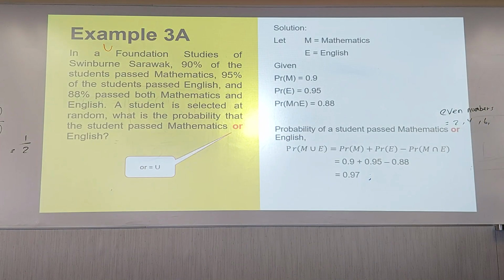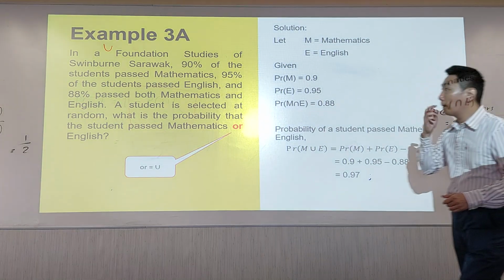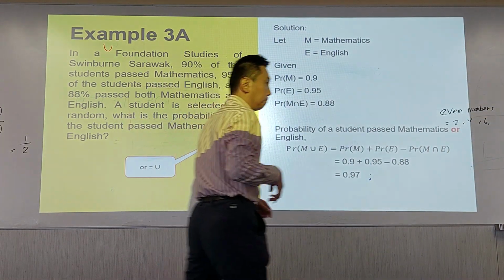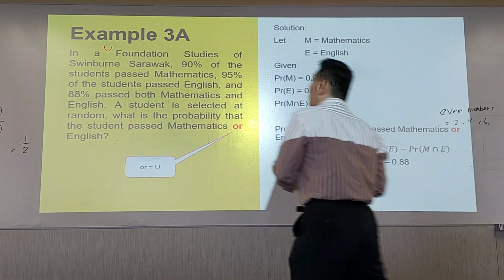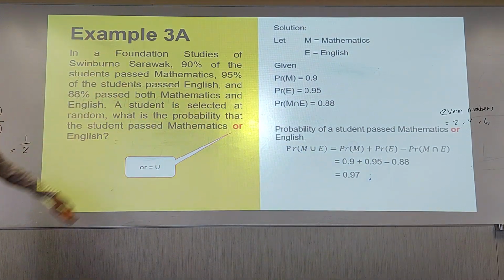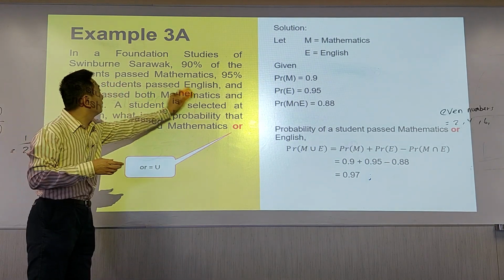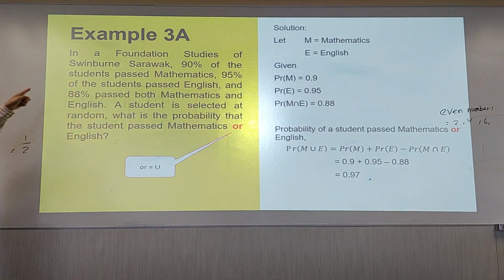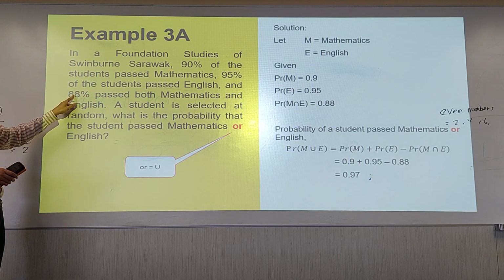So let us try one example. So let us analyze the question. In the foundation studies, about 90% of the students pass mathematics. And 95% of the students pass English. And 88% pass both mathematics and English. So this is A intersect B, equal to 88%.